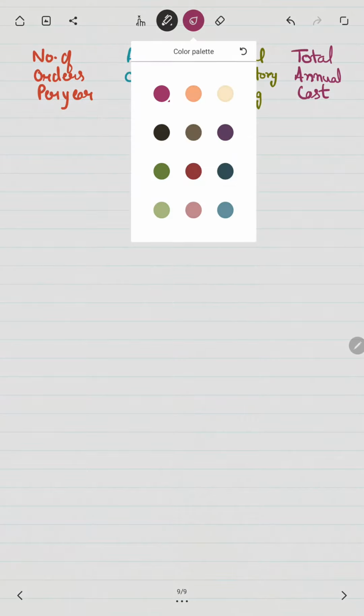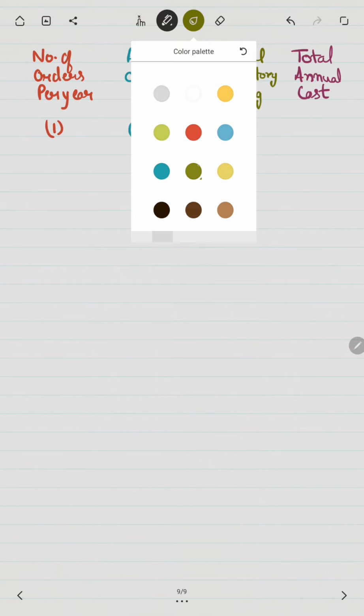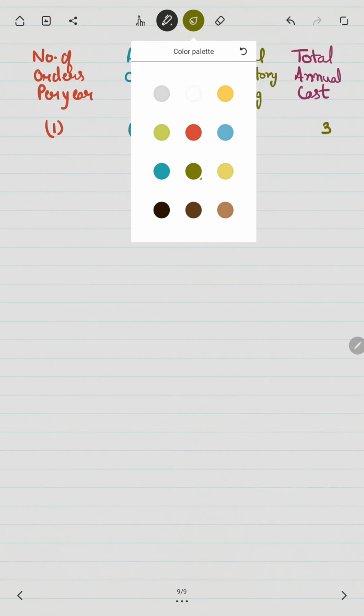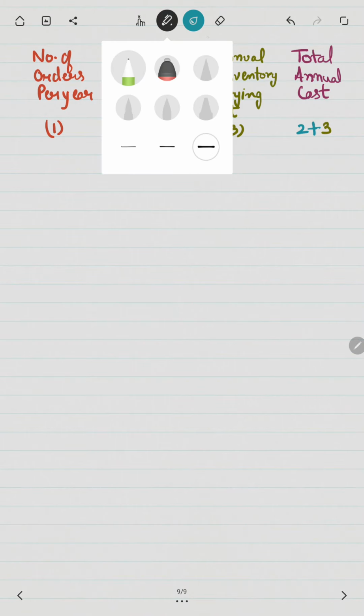So now let us see. The first column is number of orders per year. The second column is annual order cost. The third column is annual inventory carrying cost, and the total annual cost will be the sum of annual ordering cost and annual inventory carrying cost. It will be 2 plus 3. Now let us see the different scenarios.